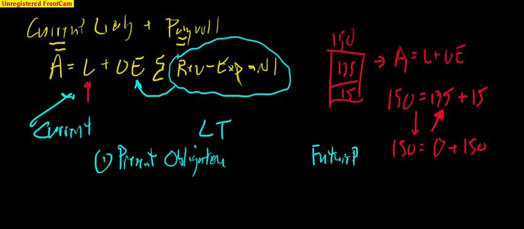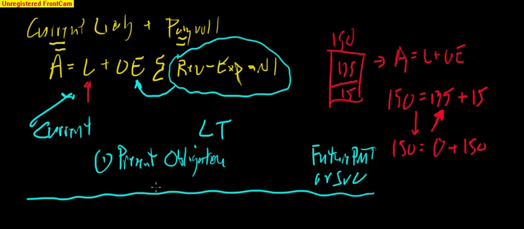Let me draw a little timeline down here. Here's today, time period 0. Let's call this time period 1, and let's call this -1. So it is 1, a present obligation for a future payment or service.